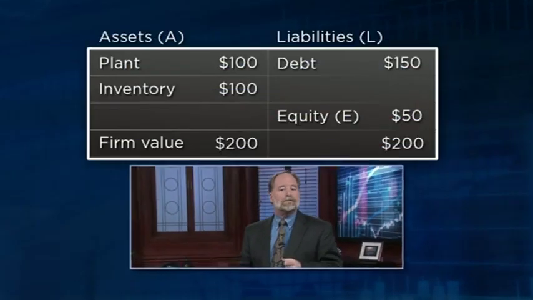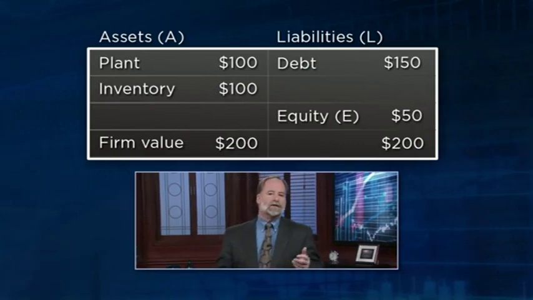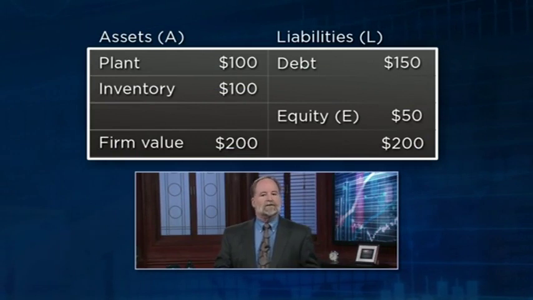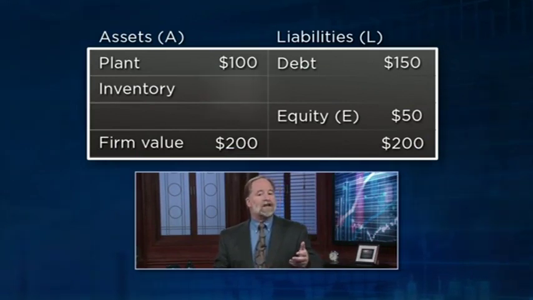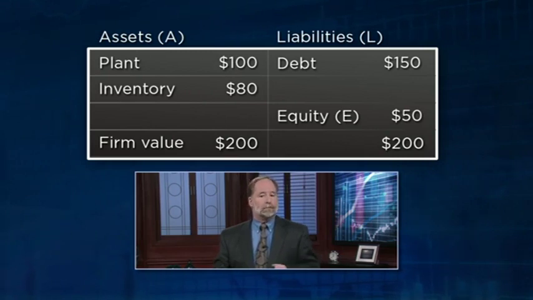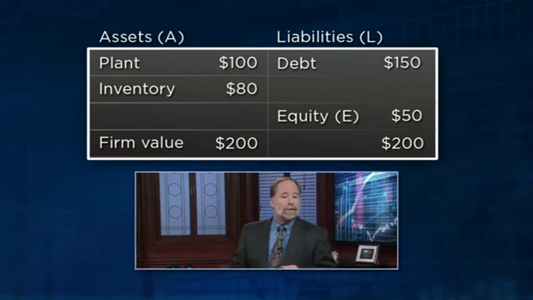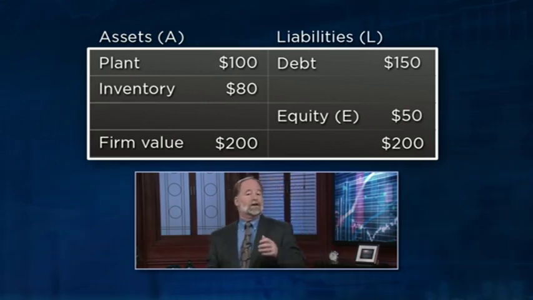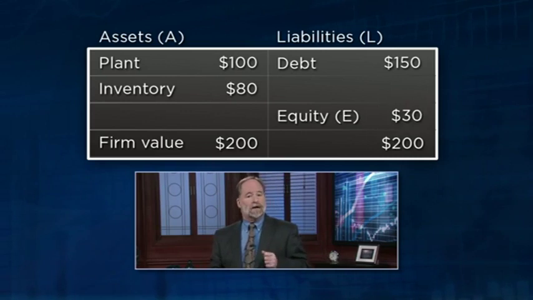Okay, so what happens if there's bad news? For example, there's some medical study that indicates the product that your firm produces clogs arteries eventually. With this news, the value of the inventory falls to, say, $80 million from $100 million. They're not going to be able to sell artery-clogging products for as high a price anymore. What happens to the value of equity? E is going to fall to $30 million. The assets are worth $180 million now.